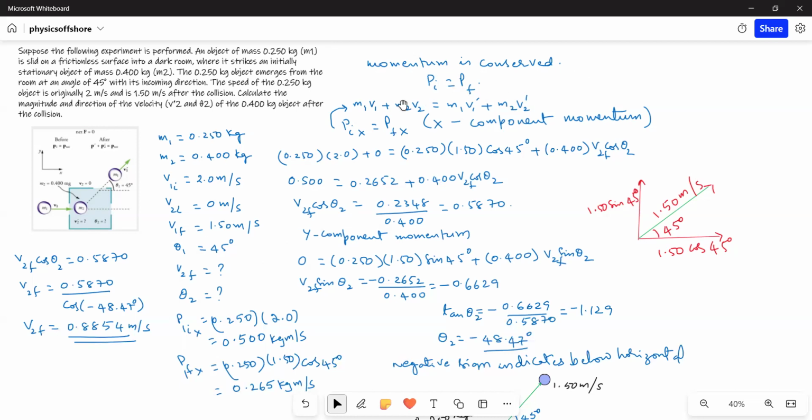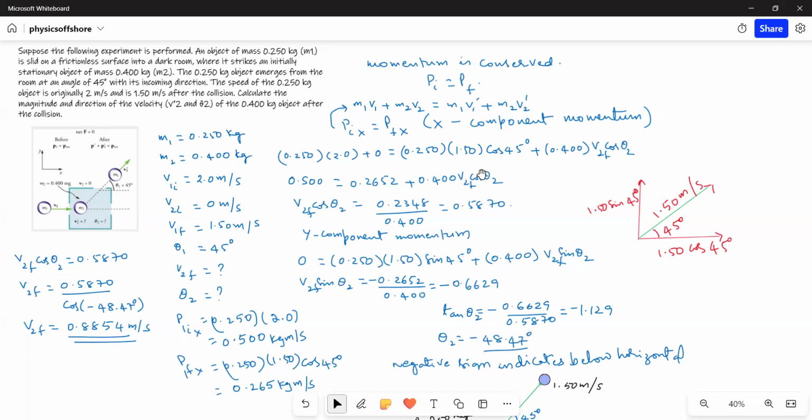Now, Pi is equal to Pf, meaning M1V1 plus M2V2 is equal to M1V1' plus M2V2'. Here M1 is the mass of the first object, V1 is the velocity of the first object, M2 is the mass of the second object, and V2 is the velocity of the second object. V1' is the velocity of the first object after the collision, whereas V2' is the velocity of the second object after the collision.